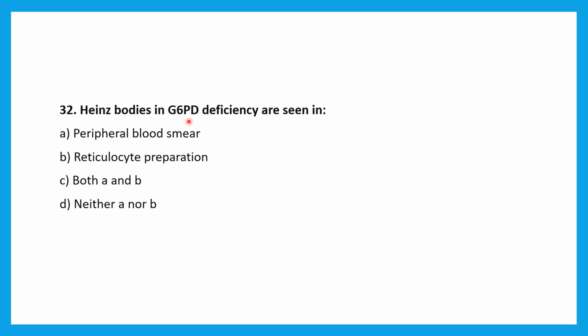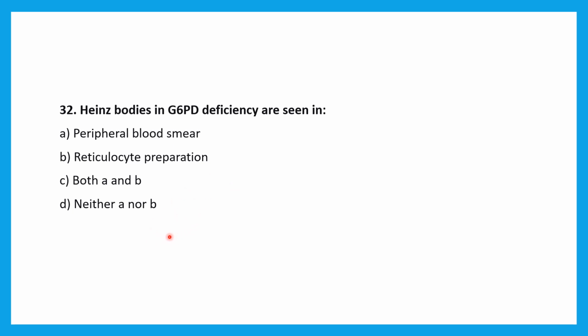Okay. Heinz bodies in G6PD deficiency are seen in: peripheral blood smear, reticulocyte preparation, both A and B, neither A nor B. So Heinz bodies are not really visible on the standard Giemsa-stained blood smear. They require supravital staining, like methyl violet and all that.